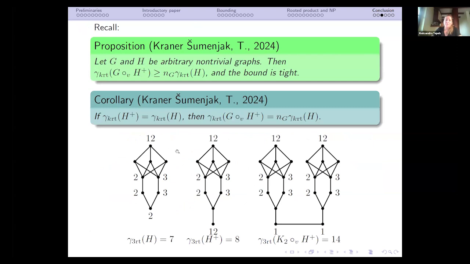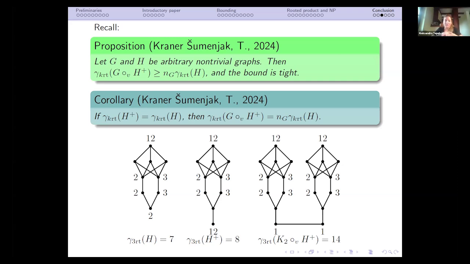And what else? Well, recall this proposition from before. We obtained this improved lower bound. And we tried also to characterize graphs for which equality here is attained, because that would help us to shorten arguments in the proof of NP completeness, but we couldn't succeed, yeah?